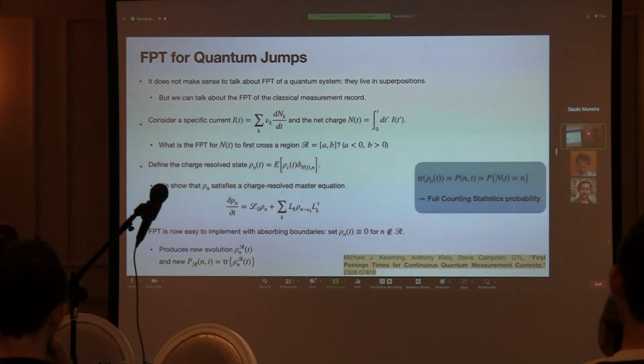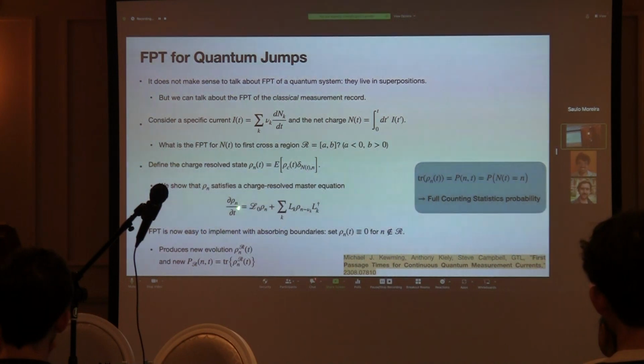So one of the nice things about this charge resolved state is that it satisfies a charge resolved master equation. And this equation has kind of an intuitive interpretation. Essentially, the rate of change of rho n is related to a no-jump term, L0, with the same rho n, and a kind of density matrix flow.